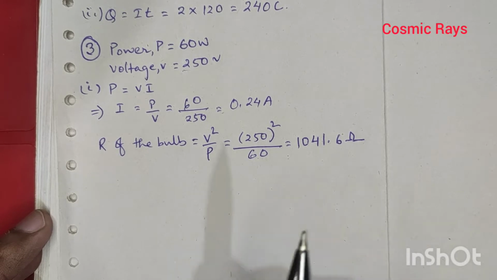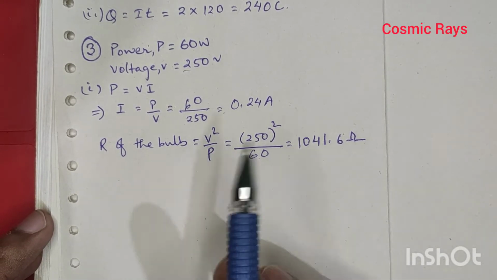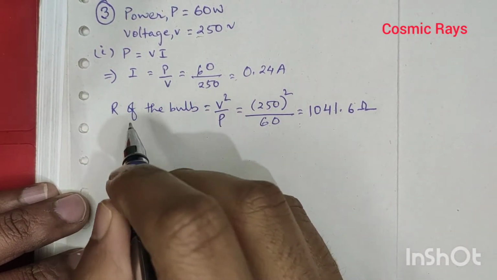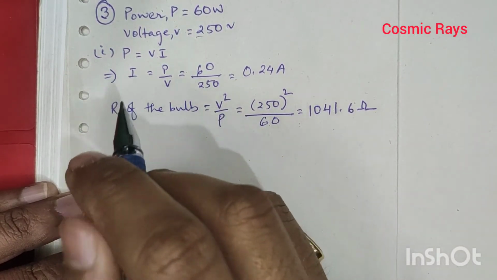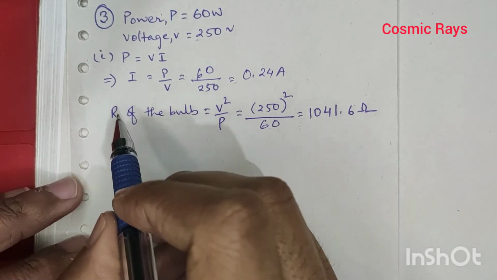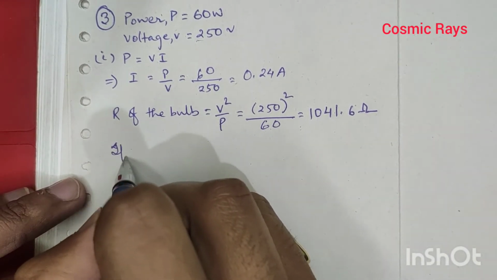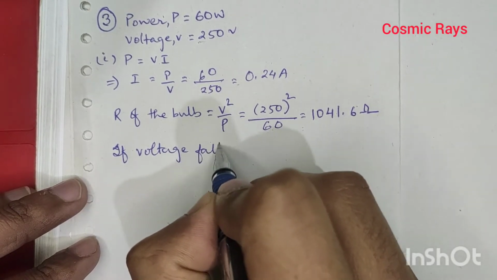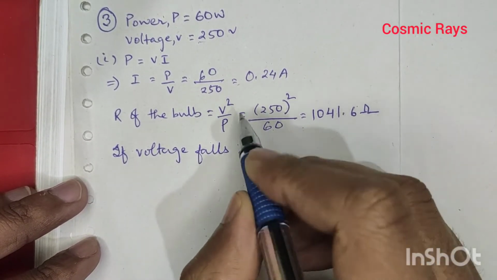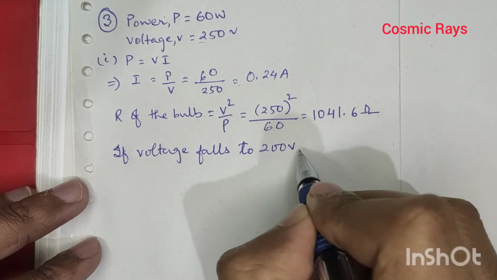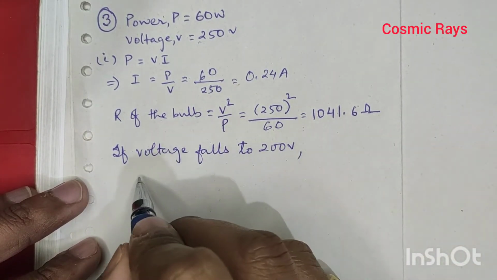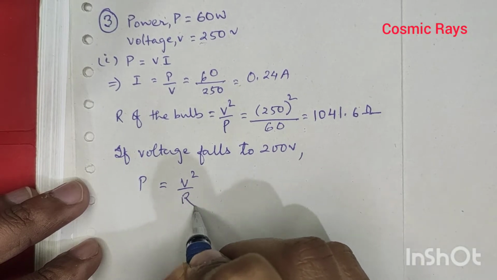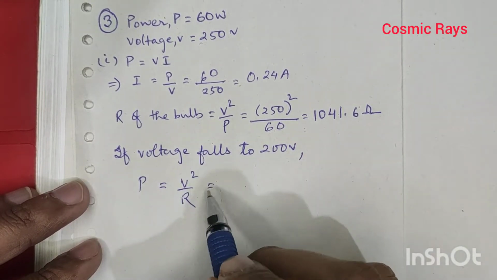Now we will calculate the power using the new resistance. This will tell us how the bulb or the resistance will be affected, or what will be the power consumed. So if voltage falls to 200 volt, then power consumed will be P is equal to V square by R. We are using the same formula.